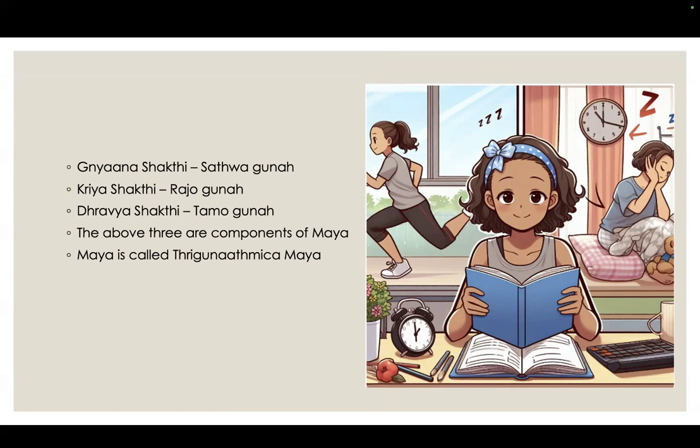Knowledge, we every day gain from everything we see, we do, and experience. And Kriya Shakti Rajoguna, that is, we've been running around with work and everything. Dravya Shakti is what we do in the night. So these 3 are from Maya, and it is called Triguṇātmika Maya.